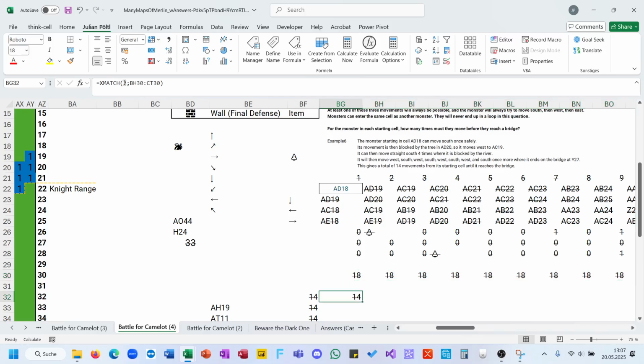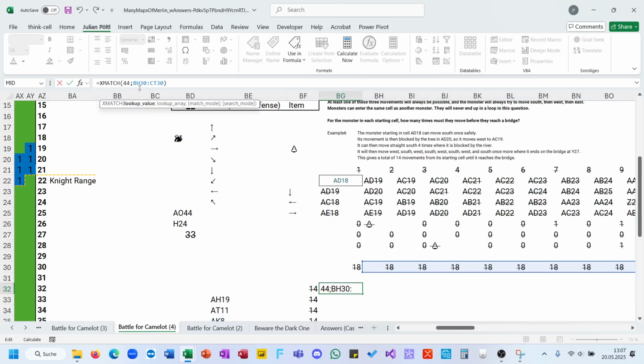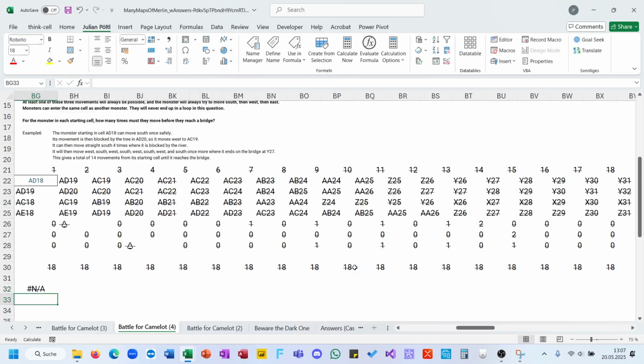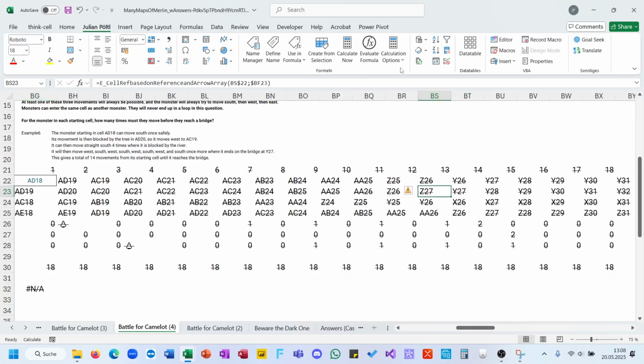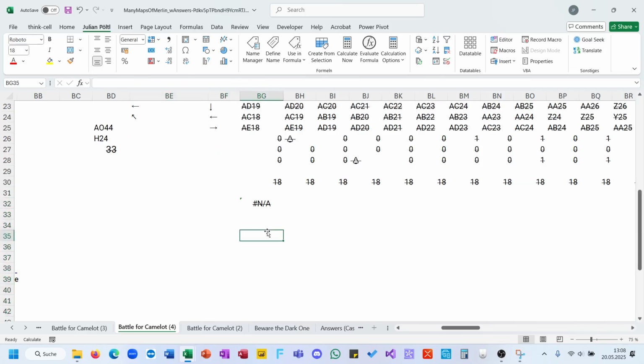And then we want to X-match 44 in the then longer thing. Yeah. Okay, let's get rid of the data table, but calculate this once.